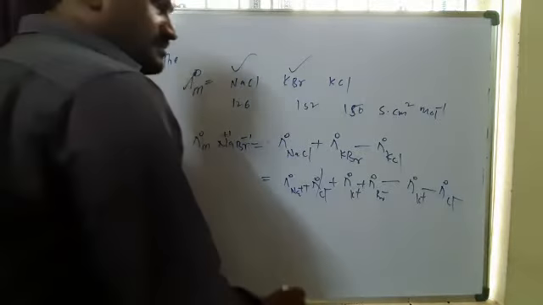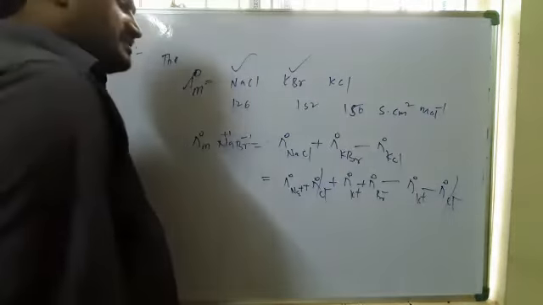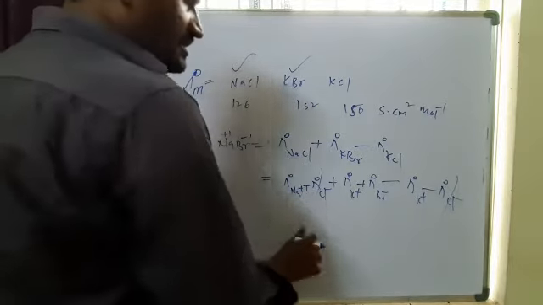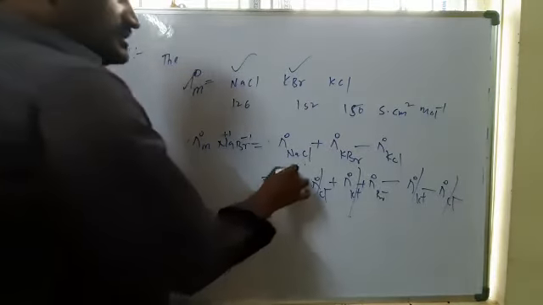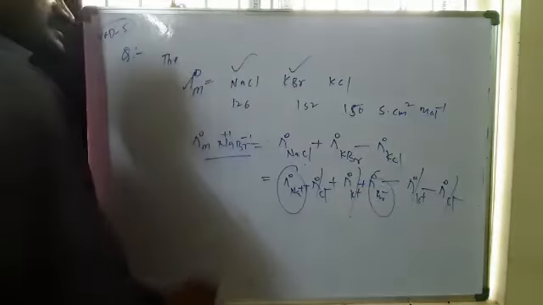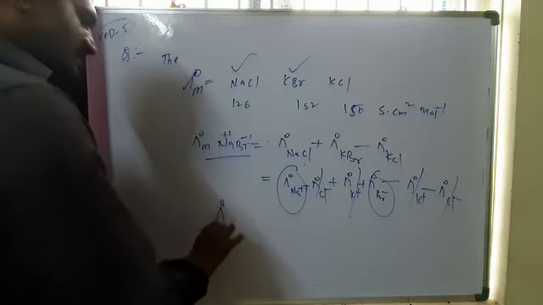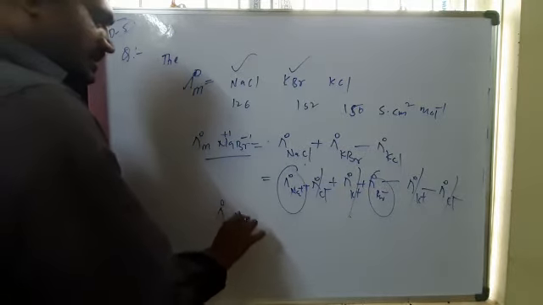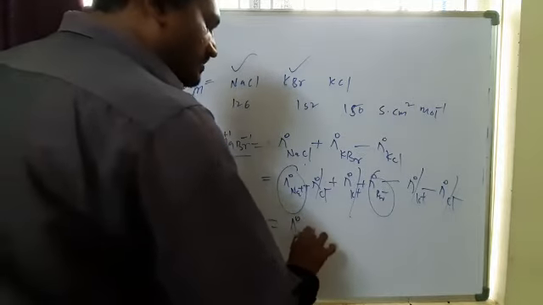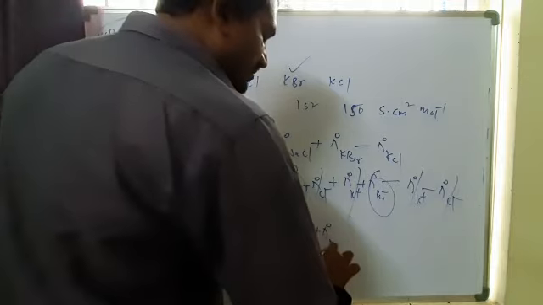So here Cl minus and Cl minus cancel, and K plus and K plus cancel. The remaining terms are Na plus and Br minus. So we will get this. Therefore, NaBr equals molar conductivity of Na plus plus molar conductivity of Br minus.